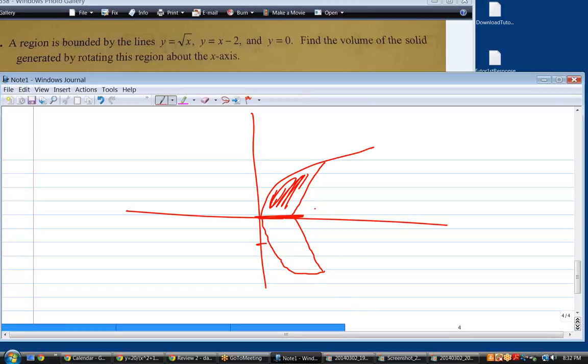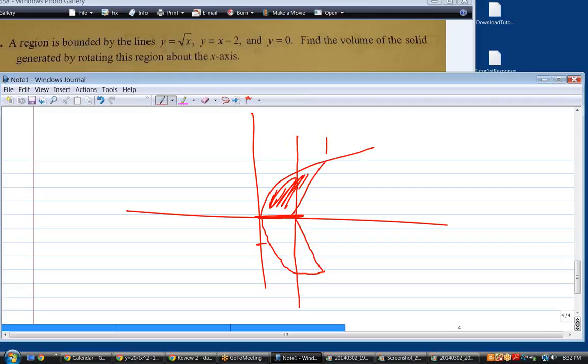So we can do it two ways, actually. I actually like doing it in 2 steps rather than 1. I'm going to tell you why. From there to there, we can use discs.